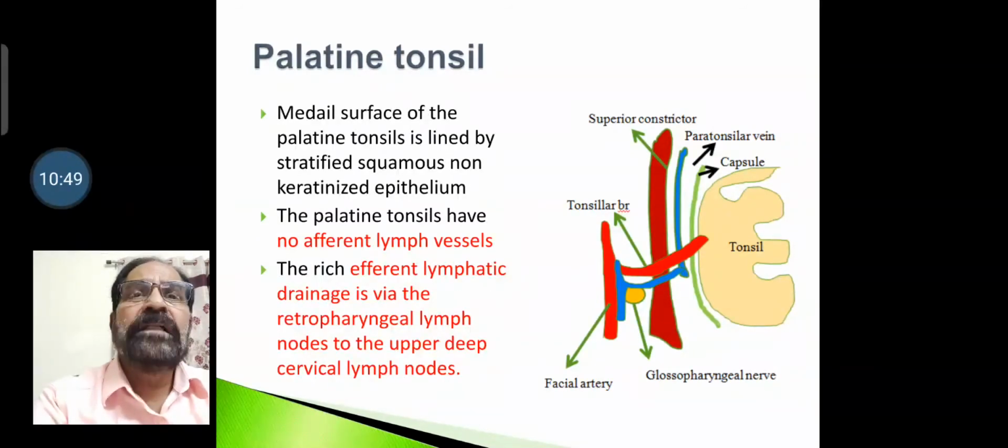Medial surface of the palatine tonsil is lined by stratified squamous non-keratinized epithelium. Palatine tonsils have no afferent lymph vessels. The rich efferent lymphatic drainage is via retropharyngeal nodes to the upper deep cervical lymph nodes.